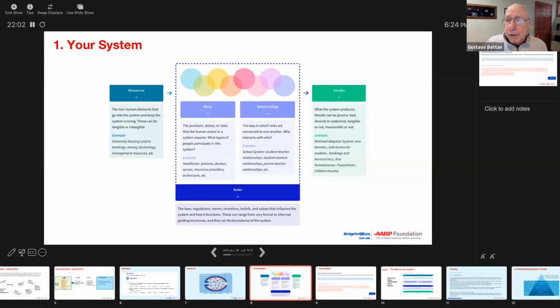Now, when I said we had resources, roles and relationships, rules, and obviously results, this is what you're going to see in the platform when you go to one of the steps called systems, your system. So the resources are the non-human elements that go into the system to keep it running. So it's basically the structure. You have to have some things, for example, university housing, money, technology, management resources or consulting.